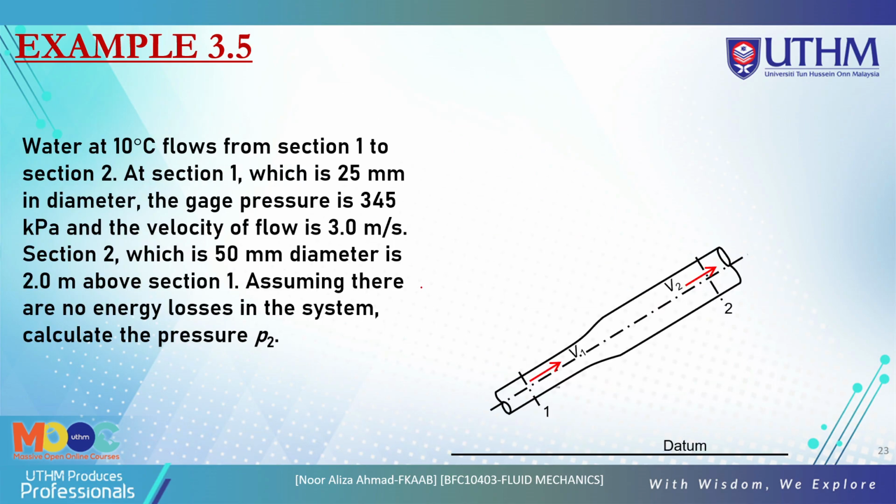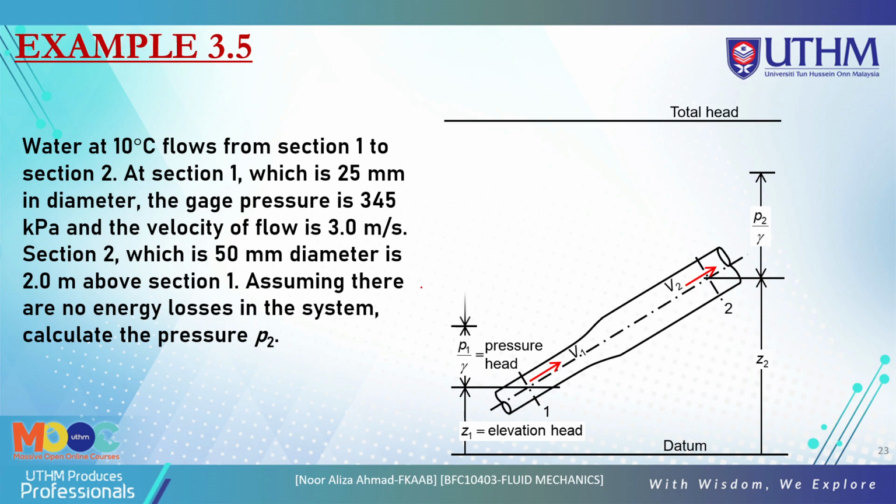Now look at example 3.5. We have section 1 with diameter 25 at point 1. At section 1, the gauge pressure is given in kilopascal, and velocity is 3 meter per second. At section 2, with its diameter, Z is above section 1.